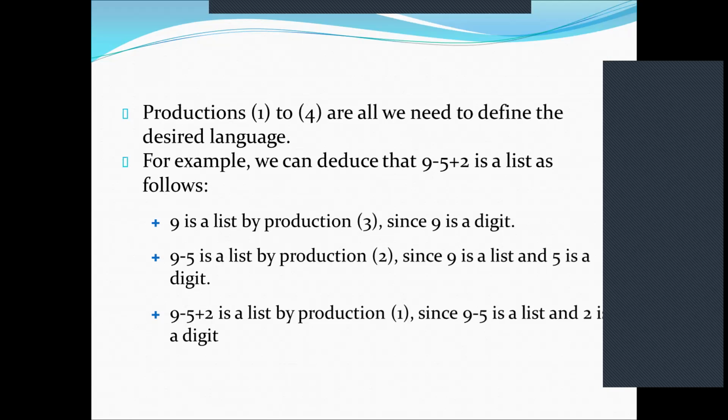Yeah. So now let us say this input has been given to the computer. 9 minus 5 plus 2. The computer doesn't understand anything. But the set of rules that it has to follow is it understands that I have to make a production, right? And the production says I should have a head in the left side, I should have a body in the right side.